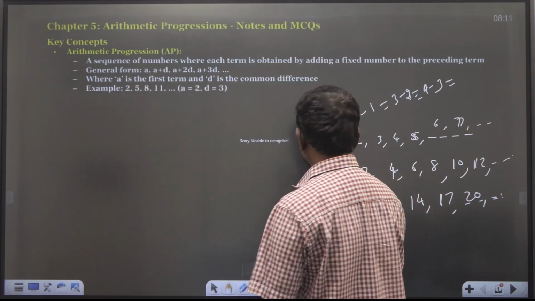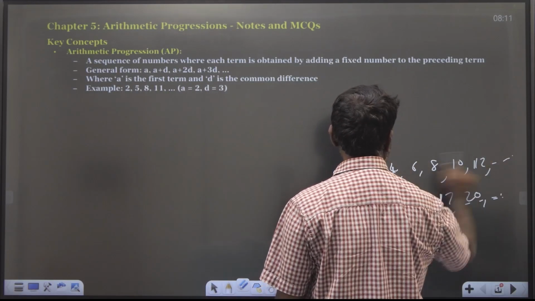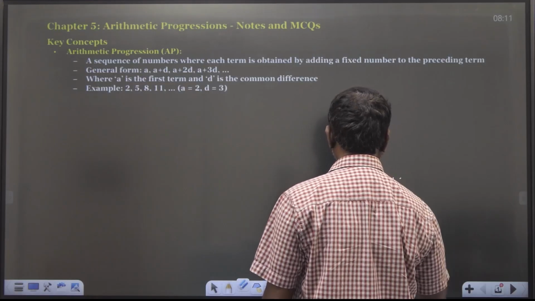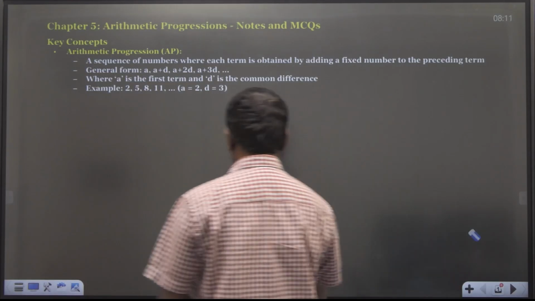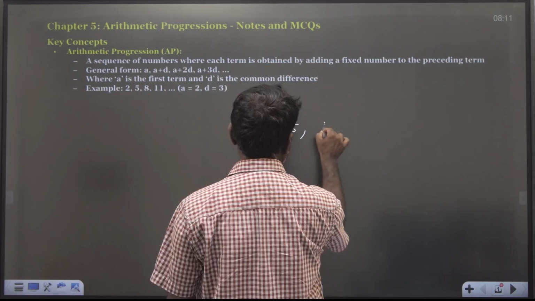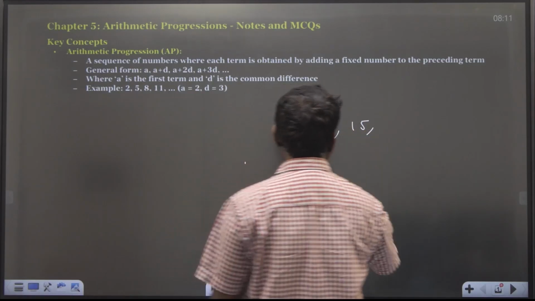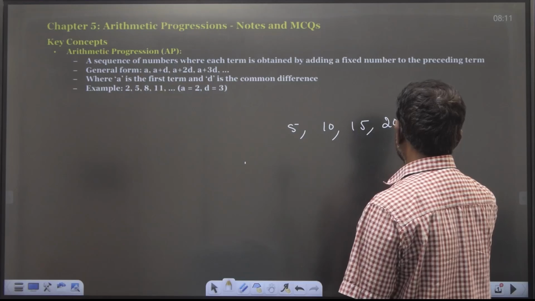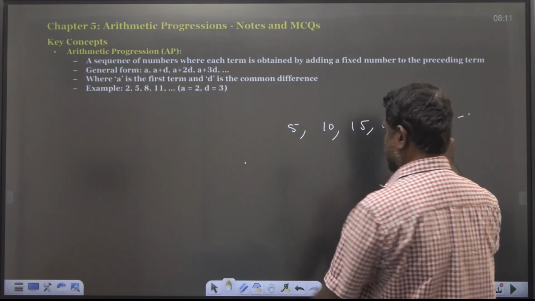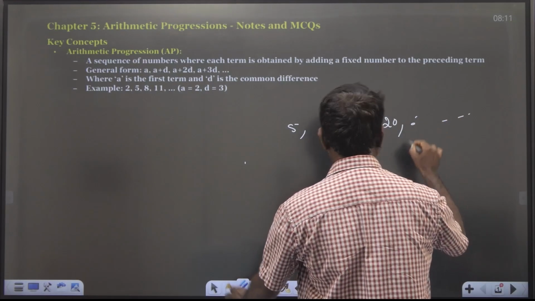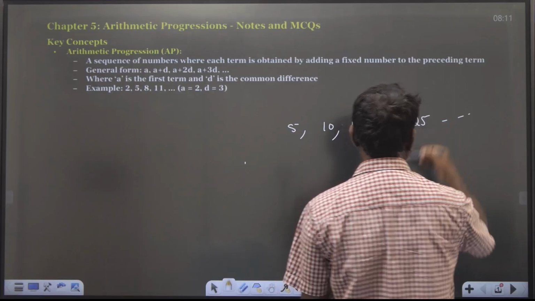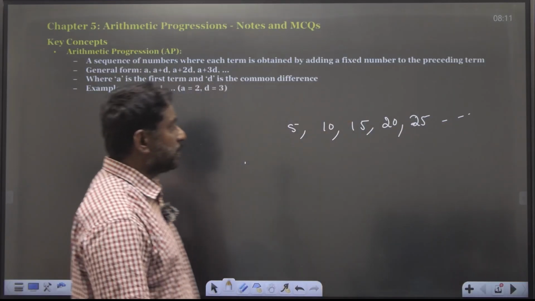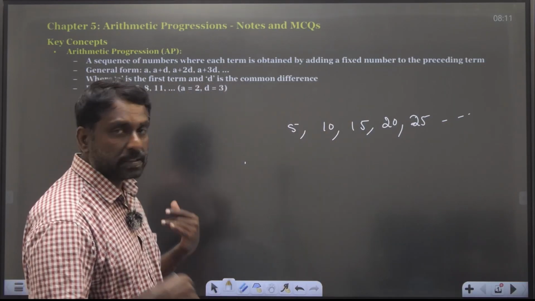One more example: 5, 10, 15. What will be the next term? 20. Then again, what will be the next term? 25, etc. These are in AP, in arithmetic progression, in arithmetic sequence.